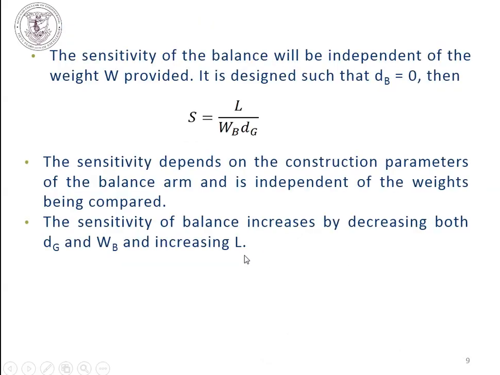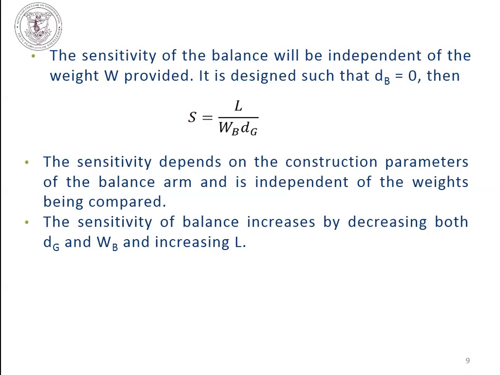Okay, so in this particular equal arm balance, if you want to weigh any mass, any weight, you should have an equal amount of weight, that is the standard weight should be equal to the required weight.